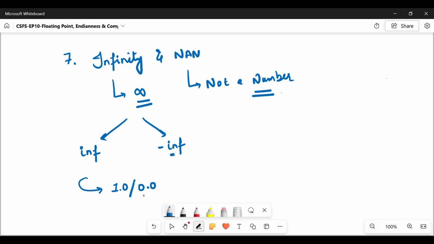One floating point number divided by 0, the answer will always be infinite, inf, negative or positive. Not a number, we get when we are doing 0 divided by 0. So 0 by 0 is not a number inside our CPU instructions. So it is simply NaN.